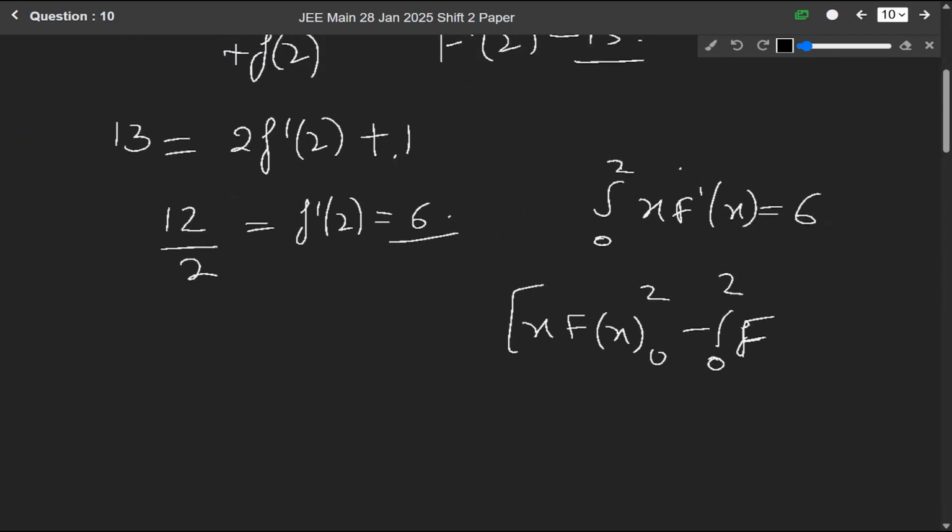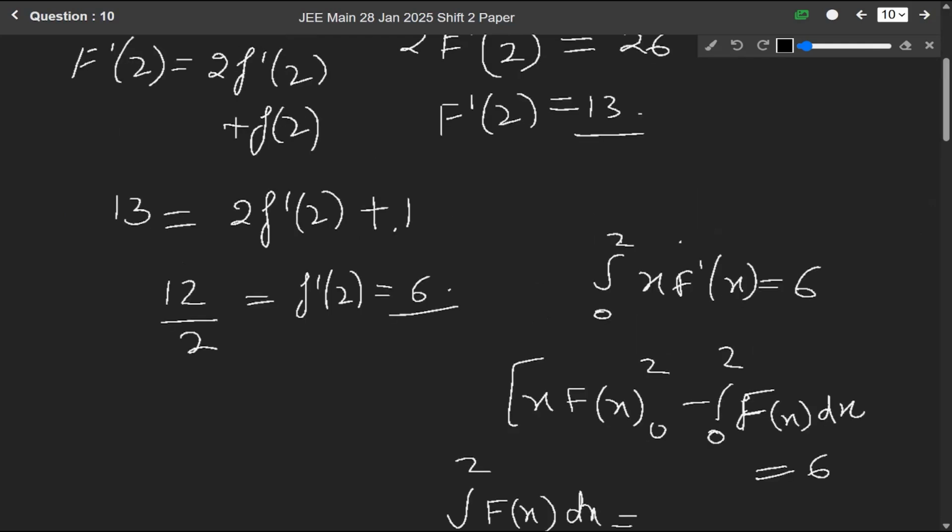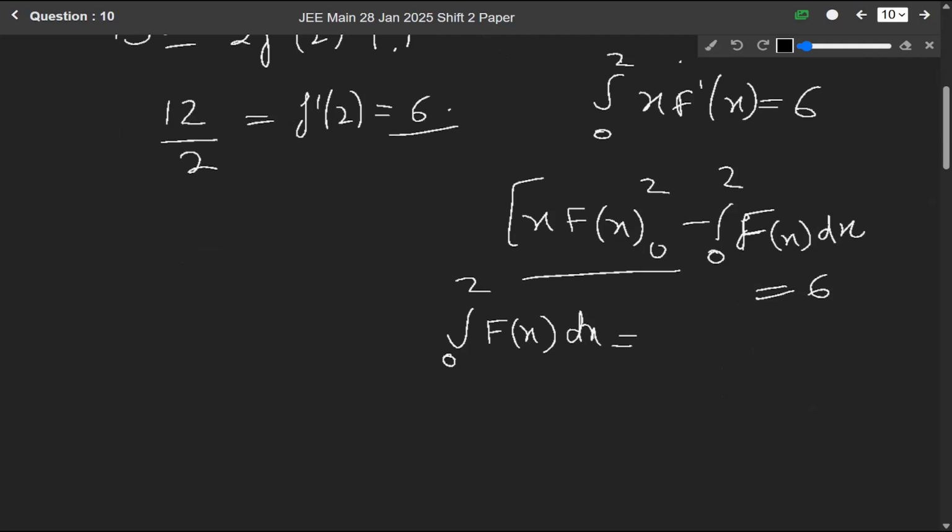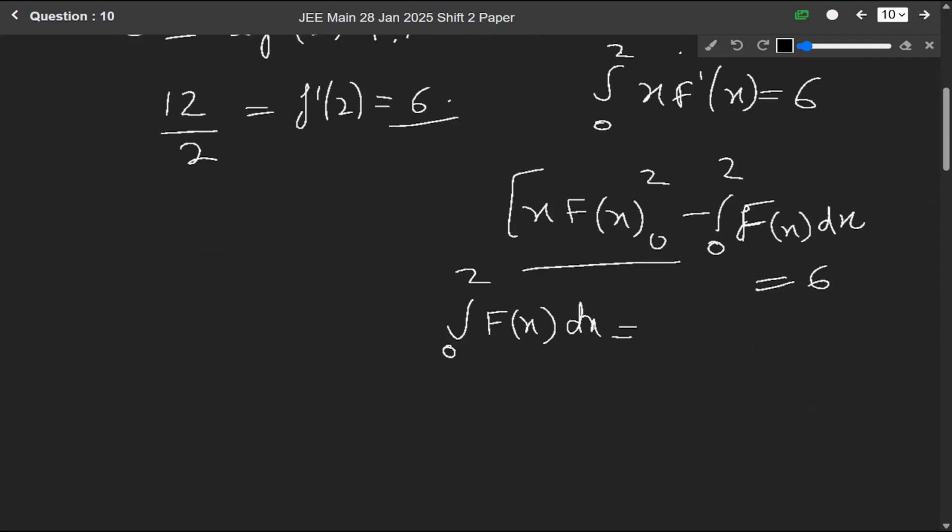So the integral from 0 to 2 of capital F(x) dx is given as 6. So this will be 6 and it will be minus of 8. So it will be minus of 2. So the integral from 0 to 2 of f(x) dx will be equal to minus 2.